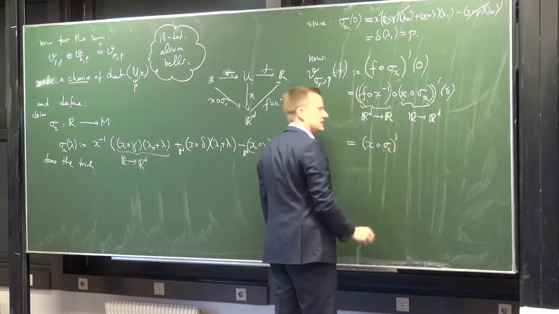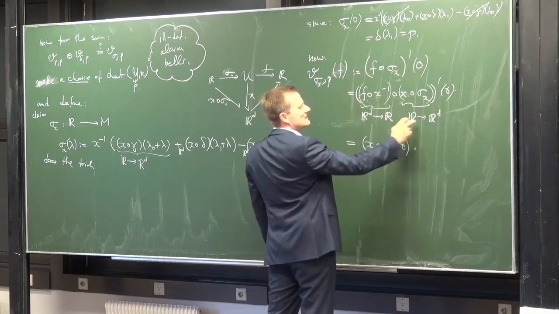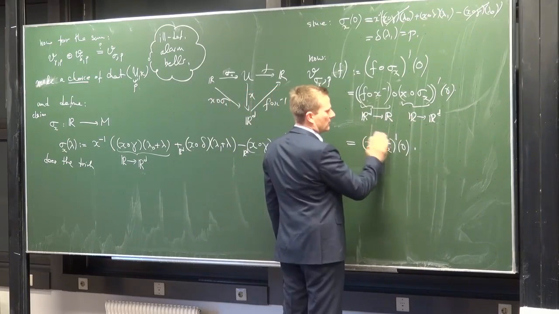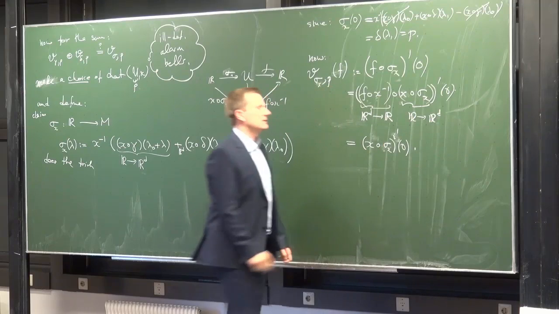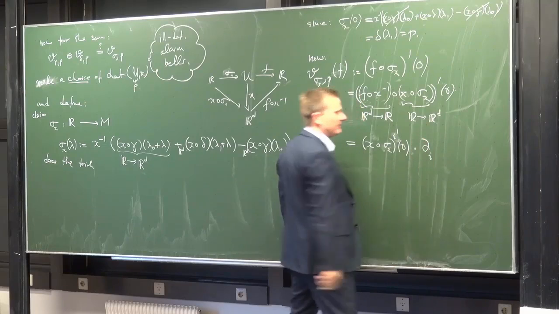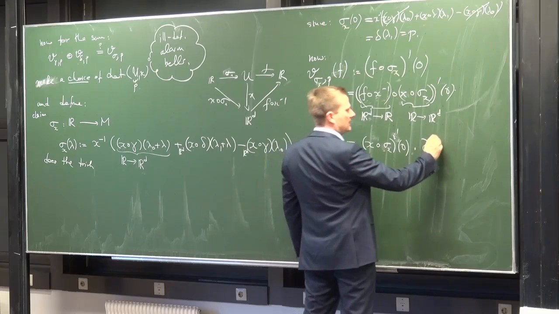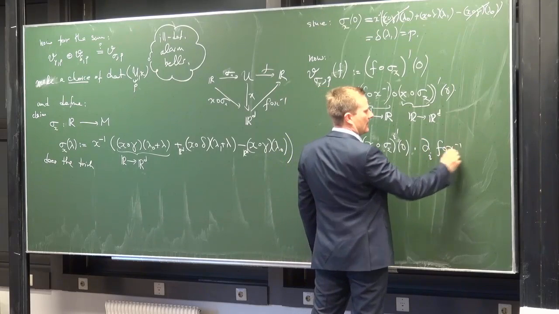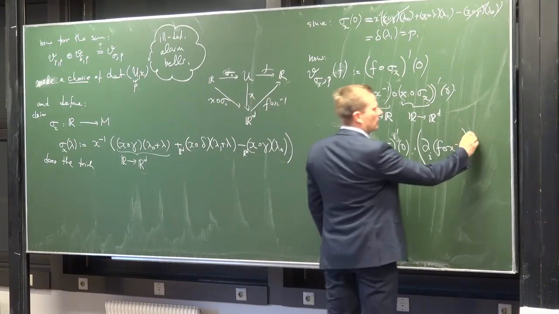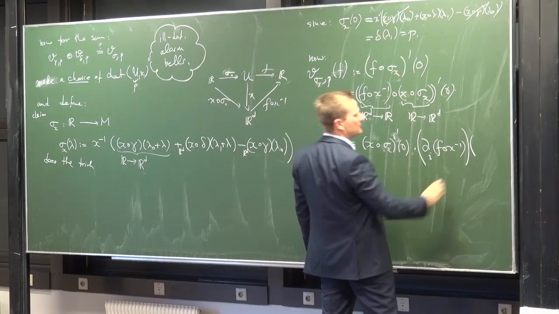So you take the derivative at the point 0, but because this is multi-valued, you take the ith component of it. Or you can also put the ith component here and take it here, it's the same thing. And here you take the partial derivative in the ith direction of the ith entry here. This is this f after x inverse. And after you did the derivation, you evaluate at the point x after sigma x of 0.